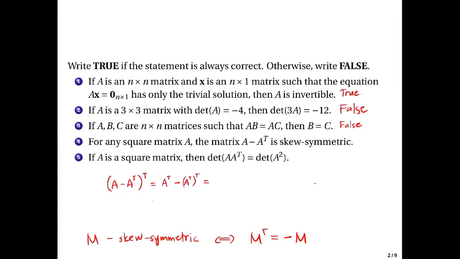So this is just A transpose minus A. From here, you can factor out the negative, and you will have negative of A minus A transpose. Therefore, A minus A transpose is skew symmetric. Therefore, this is true.